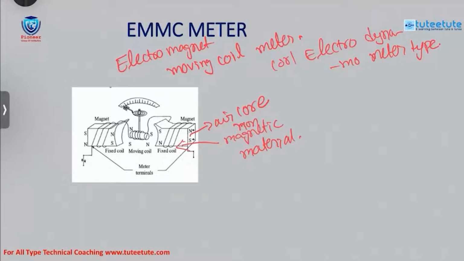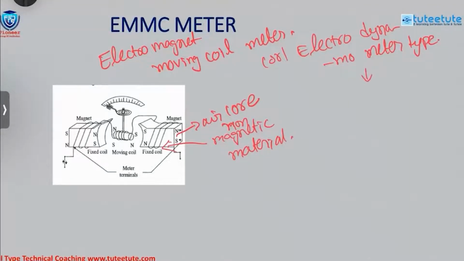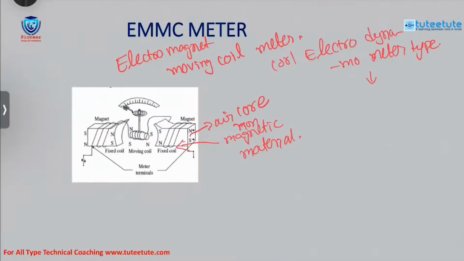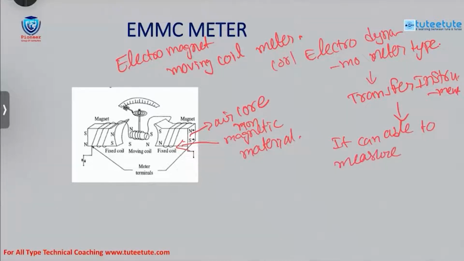This instrument is also called a transfer instrument. Why is it called a transfer instrument? Because it can measure both AC and DC.